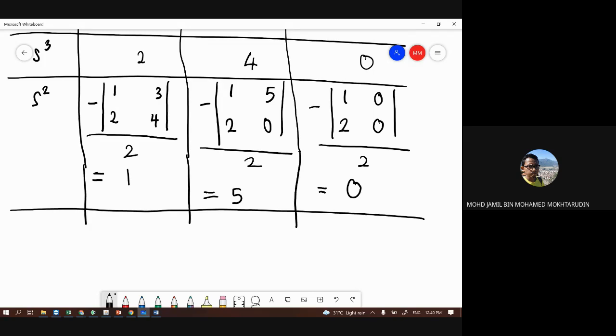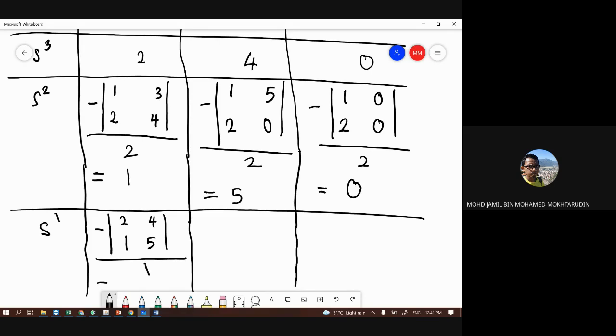Okay, then we fill the row S1. So row S1, negative determinant of 2, 1, 4, and 5, divided by 1.